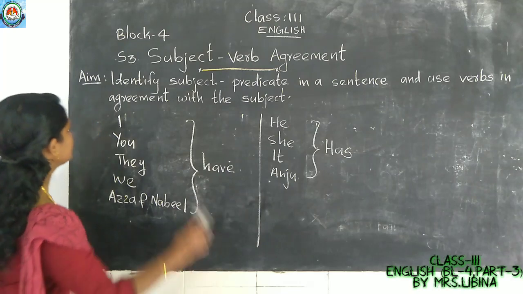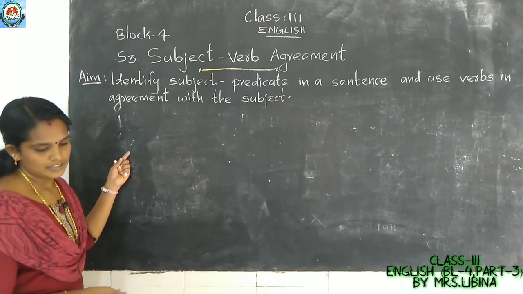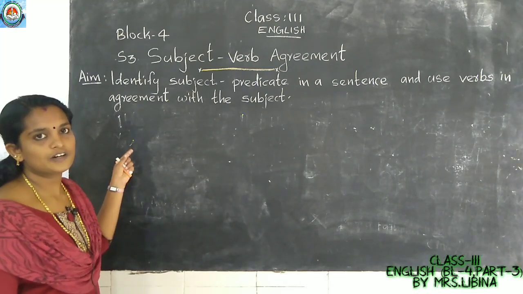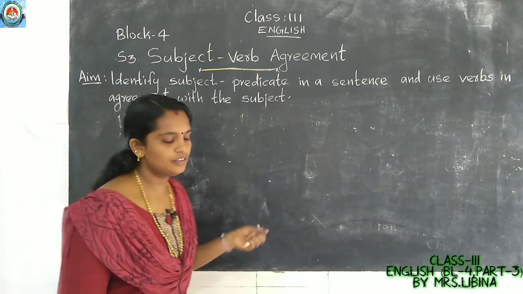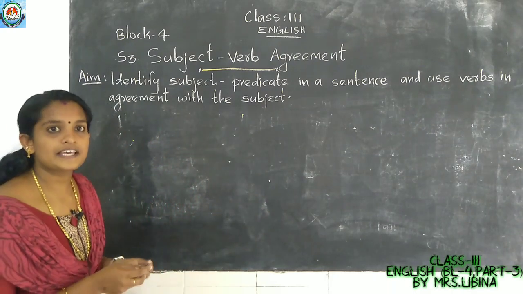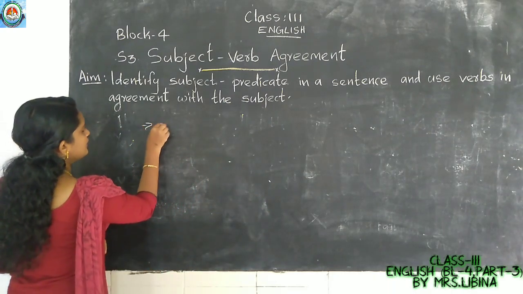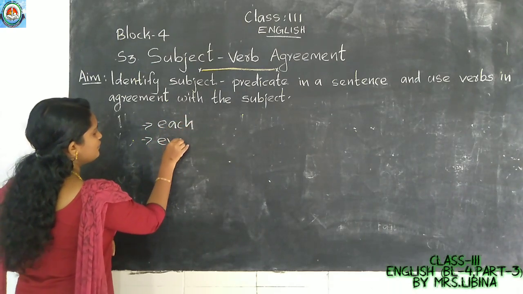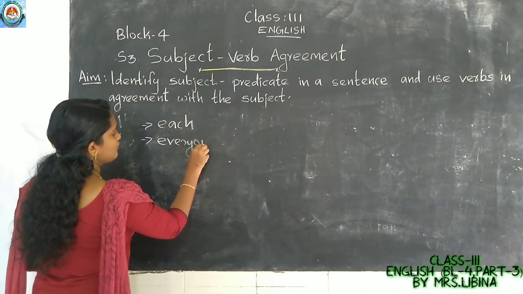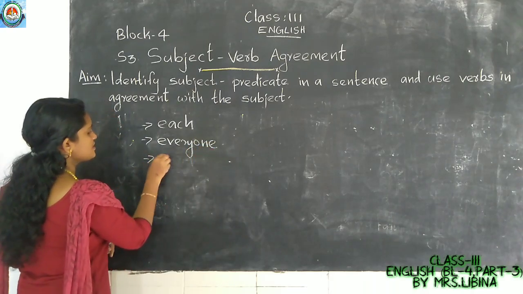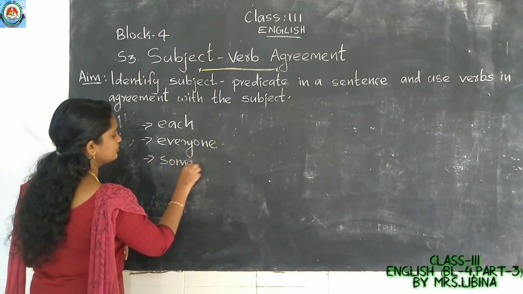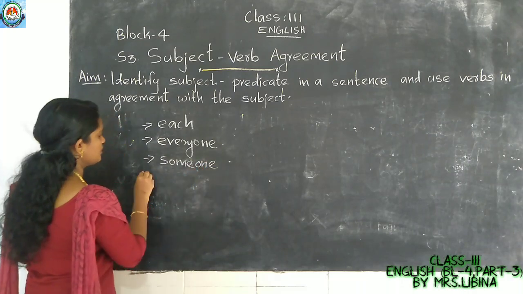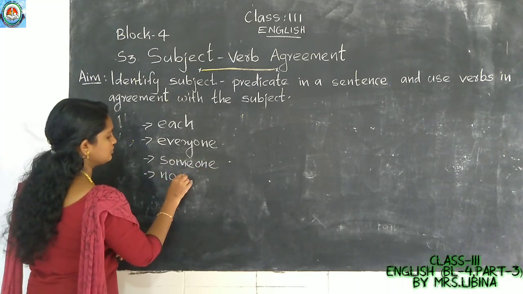And one more condition. Then some other words also it shows singular noun. There also you have to use S or ES. Listen here. Each. Some examples. Everyone. Someone. No one.